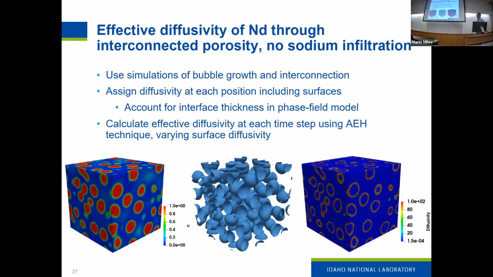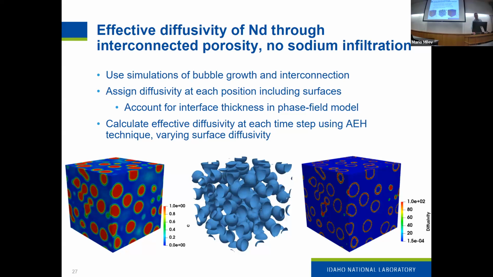The next case that we're looking at is effective diffusivity through interconnected porosity without sodium infiltration. So we used those previous simulations that I mentioned and figured out the effective diffusivity through those microstructures. Again, using this AEH technique, we could look at the effective diffusivity as a function of the porosity and also for varying surface diffusivities.